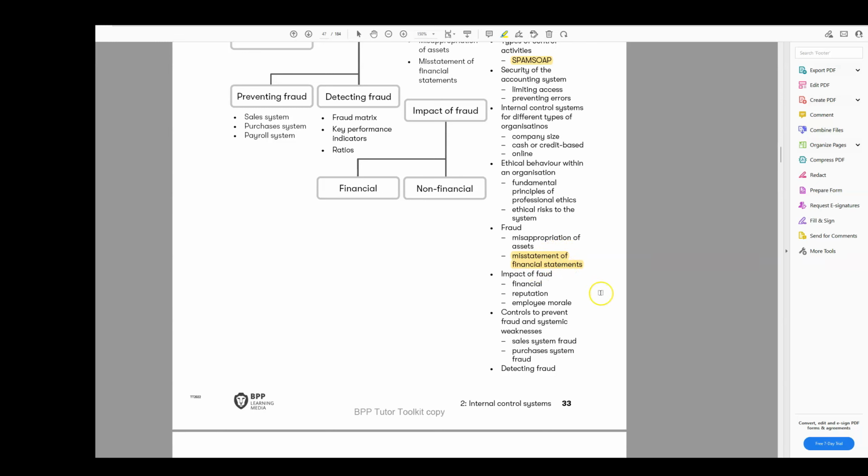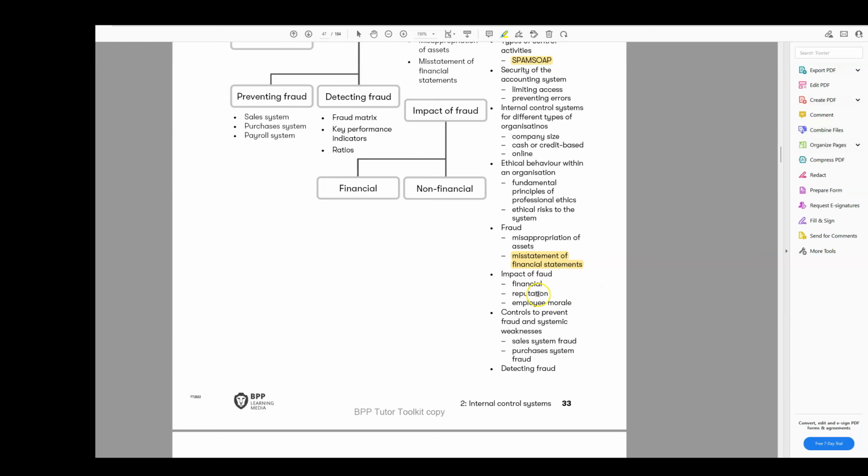Misstatement of the financial statement means you represent the financial statement with the wrong data or inaccurate data. For example, you try to overstate the profit by showing more sales, or you want to understate the profit by showing more expense. So this sort of thing is basically fraud.